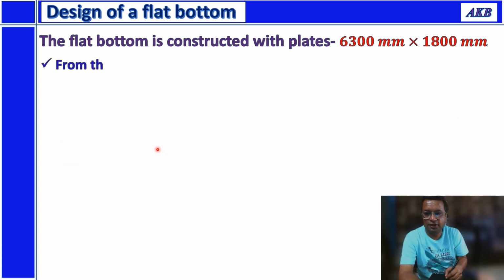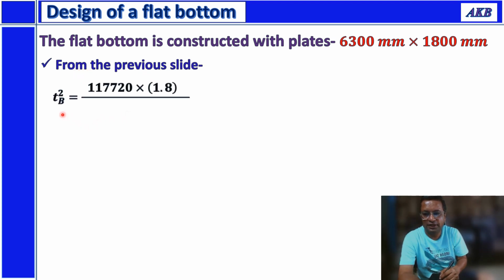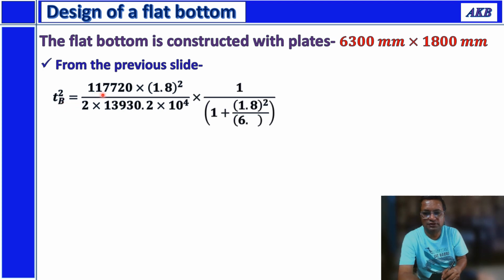Okay, so let us continue with our calculation. From the previous slide, we had this equation: tb square is equal to 117720 into 1.8 raised to 2 divided by 2 into 13930.2 into 10 to the power 4 into 1 divided by 1 plus 1.8 square divided by 6.3 square.